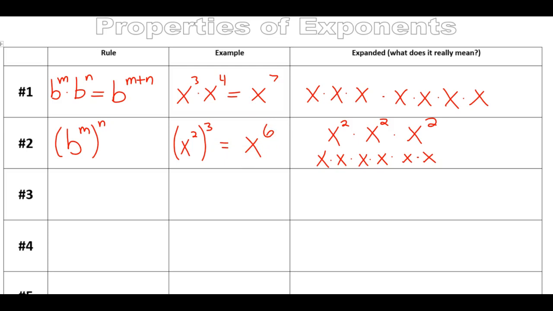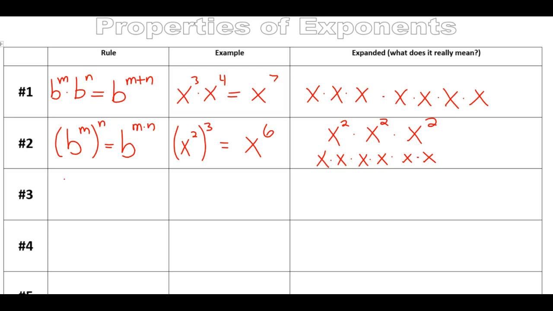What did we do to 2 and 3 to get to 6? We didn't add them together. We multiplied them. So the rule that we'll follow is we'll take the base and raise it to the m times n power. It's saying we need 3 sets of 2, which means to multiply. 3 sets of x squared would be x times x times x times x times x times x.